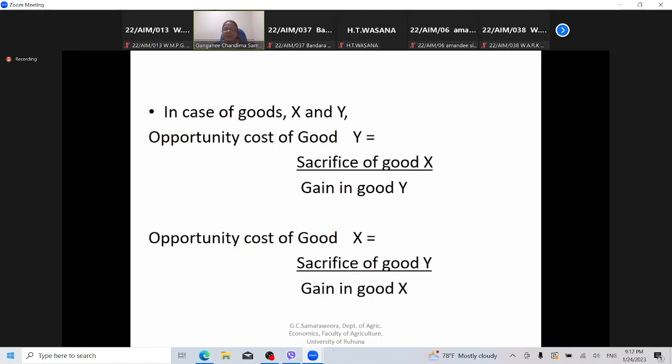From your smartphone value, 50,000. That means if you take 100,000 divided by 50,000, the opportunity cost may be, let's say, $100 divided by $50.